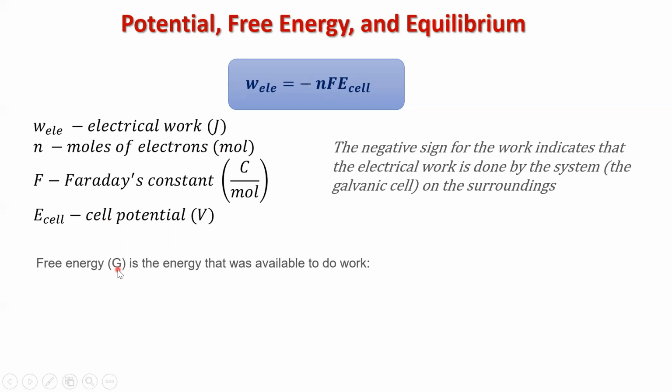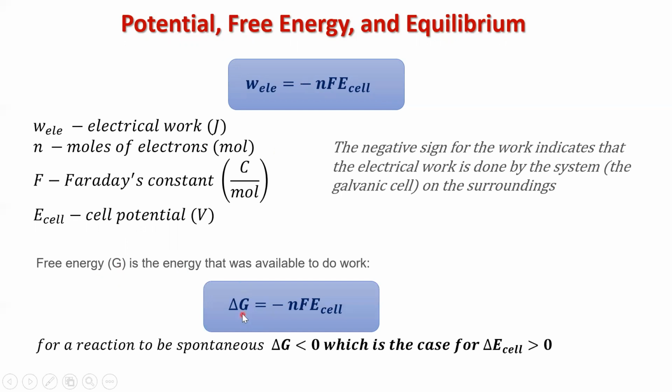Now, to relate that to our free energy value or our G value, the free energy is the energy that's available to do work. So what we can essentially do is substitute in delta G for W. So this is the equation that we would work with to relate free energy to our potential difference.